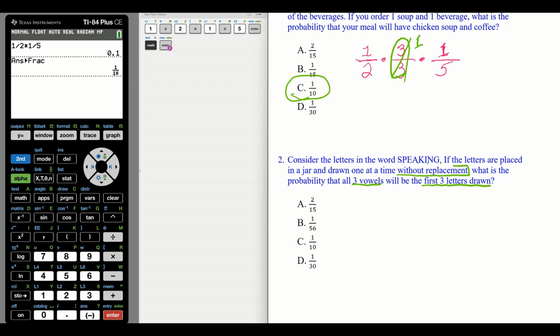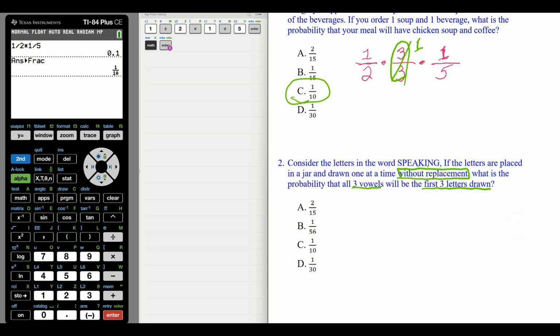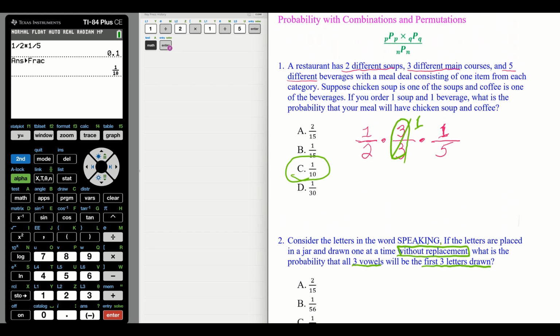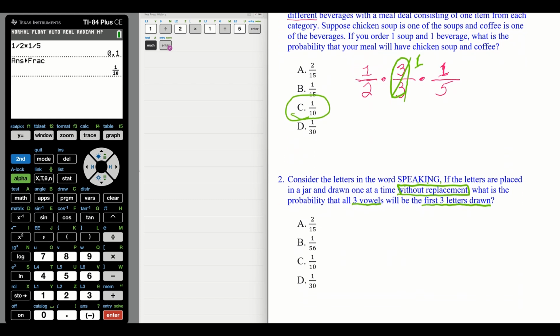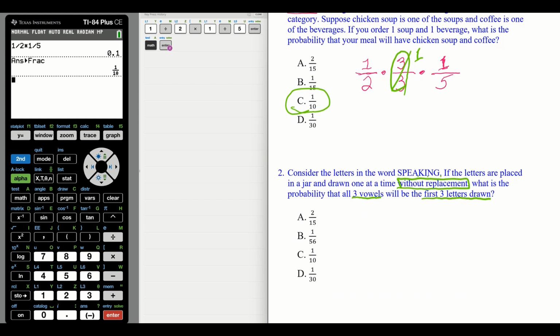And we are not replacing. Okay, what we need to realize is that we're using this formula. The order in which the letters are lined up does matter. So that implies a permutation, and we are discussing probability. Because we're discussing probability, that'll be the formula we use.